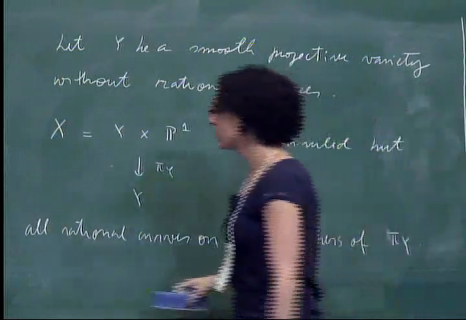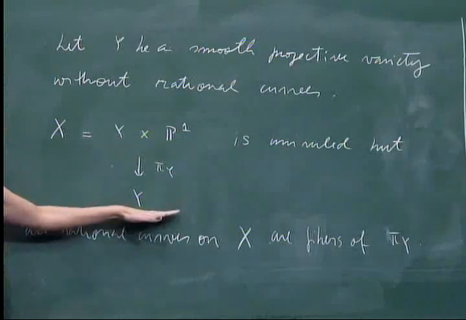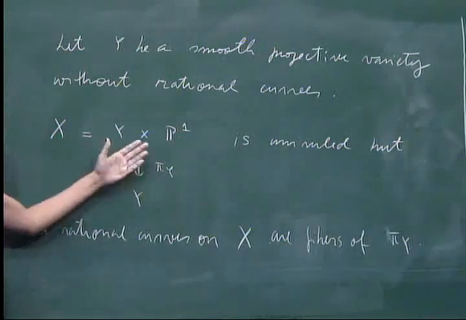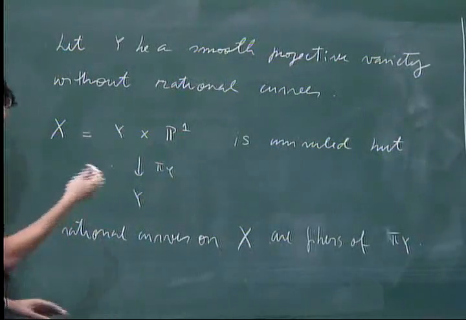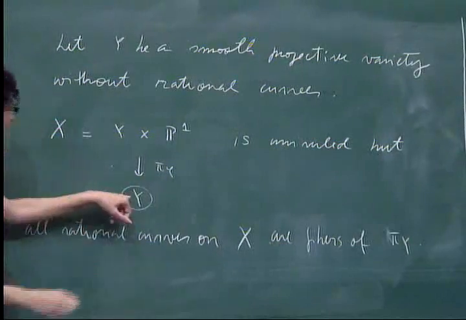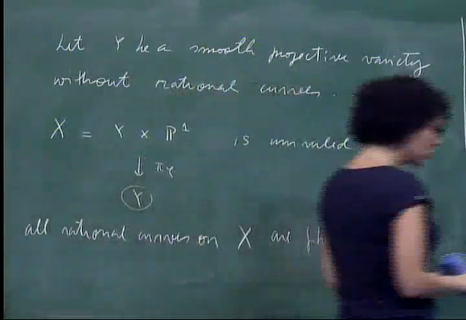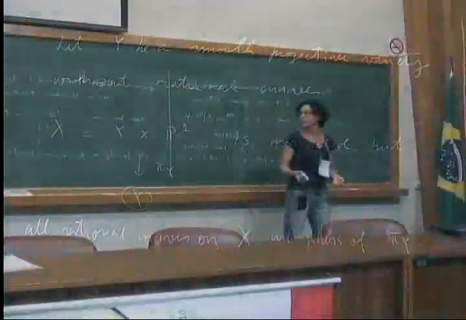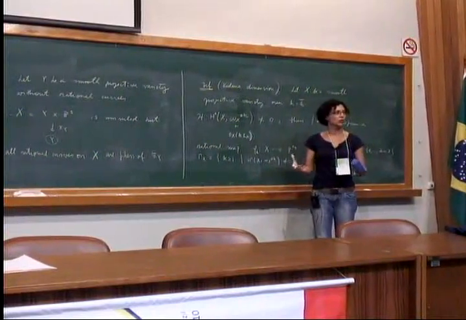Well, in this case, you can study the theory of rational curves on X. Well, it will only tell you something about the fibers of this morphism. So it just tells you that you have a fibration. Of course, this is important, but you don't see much of the geometry of X, because by studying the rational curves, you will not get any information on Y. So in order for the theory of rational curves to be more powerful, it's interesting to have varieties that have many more rational curves than that.